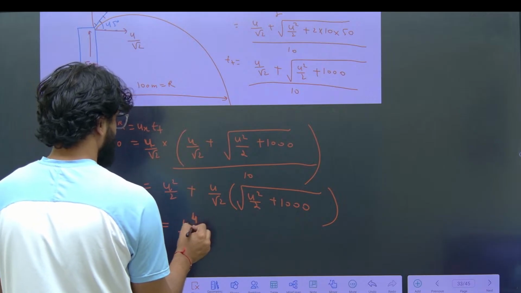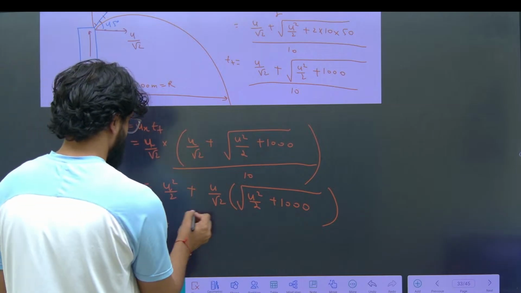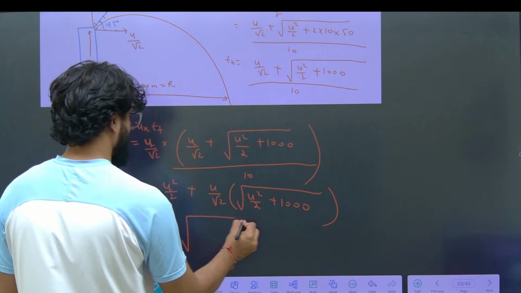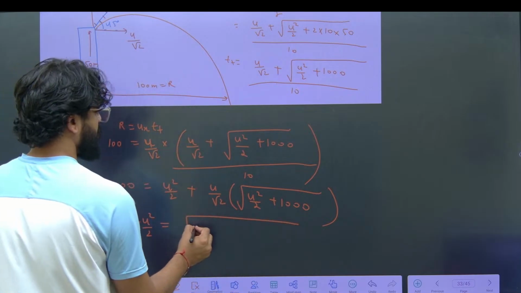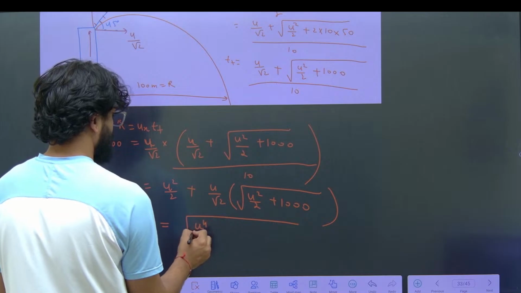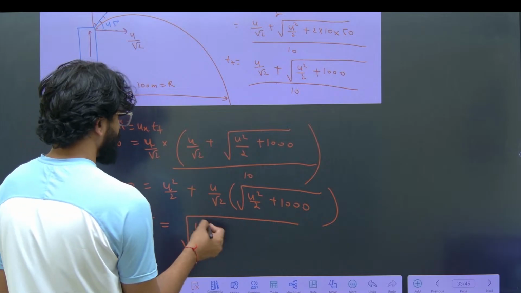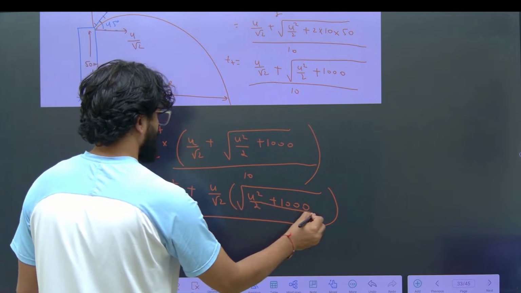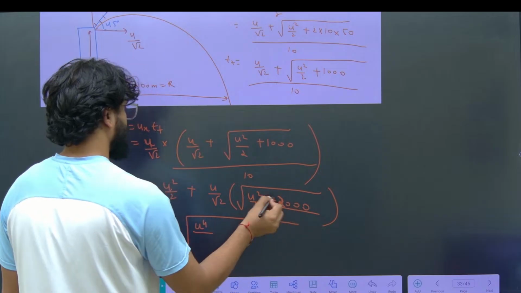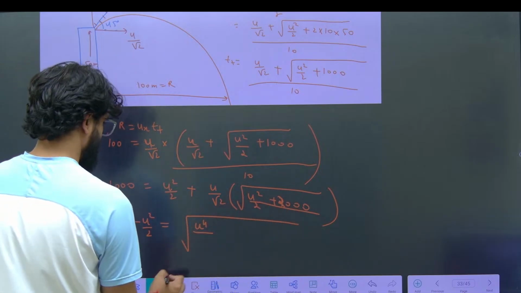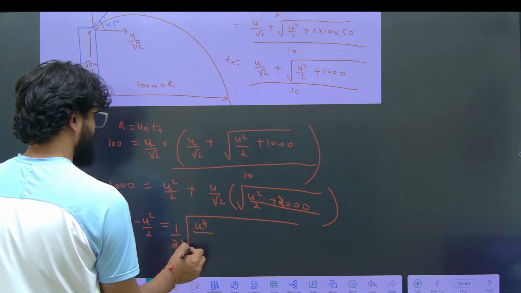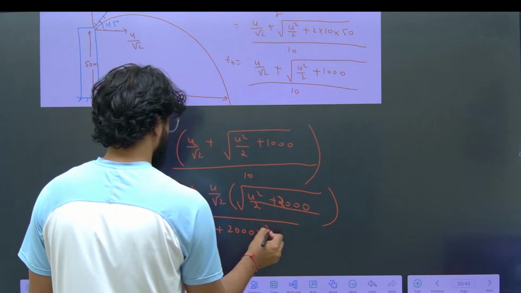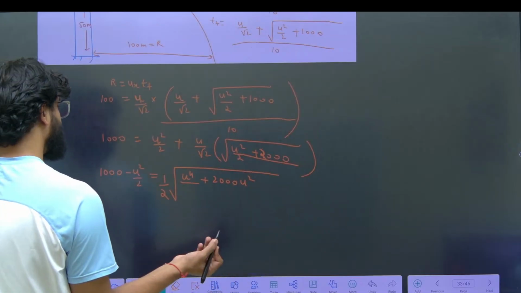u to the power 4. Root 2 will remain root 2. Take the square.